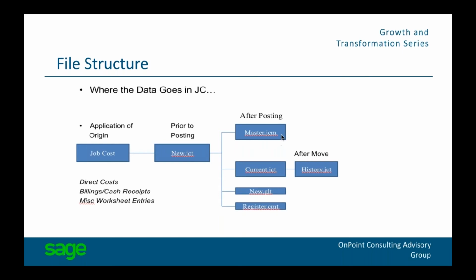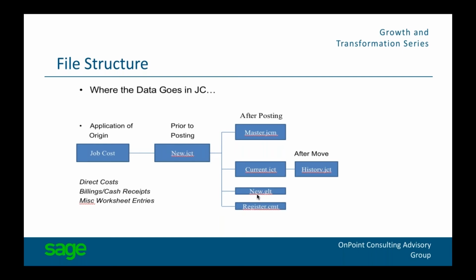And then it also updates your master file, the master.jcm. But it also, if it's necessary to, sends the information to general ledger. And so it'll send those entries to the new.glt.